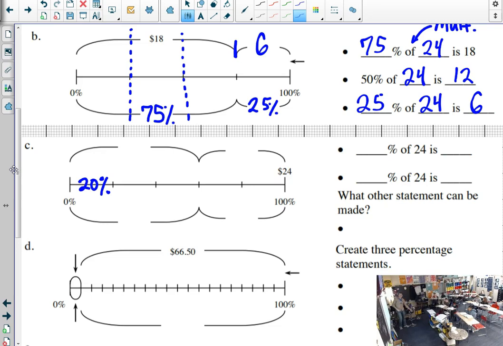Miss Lubatsky, give me anything. Give me a percentage, give me an amount. Something that works with this situation. Like, tell me what and then where to put it.